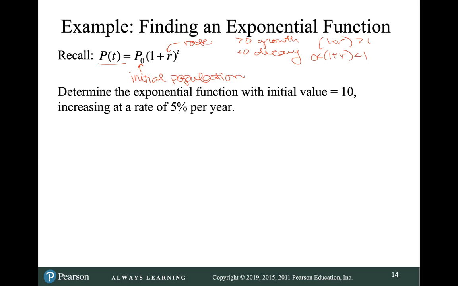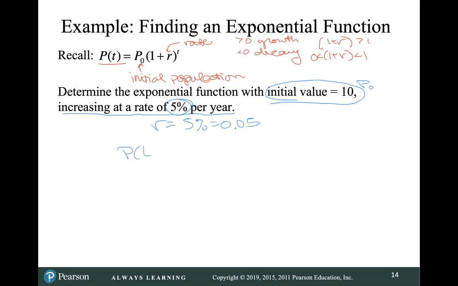So in this example, we want to take our initial value of 10, that's P naught, and it's increasing at a rate of 5% per year. So our rate is 5%, or 0.05.